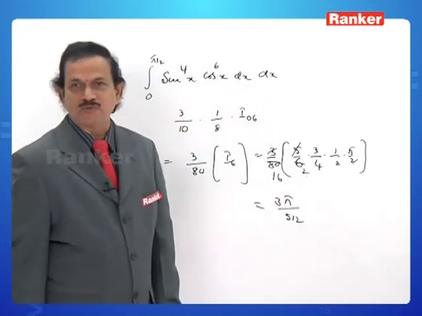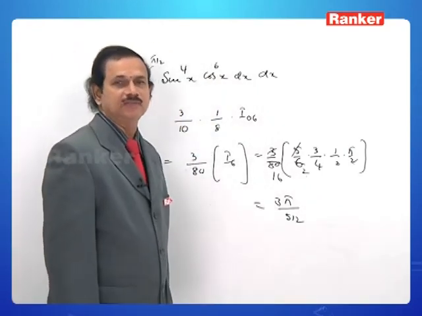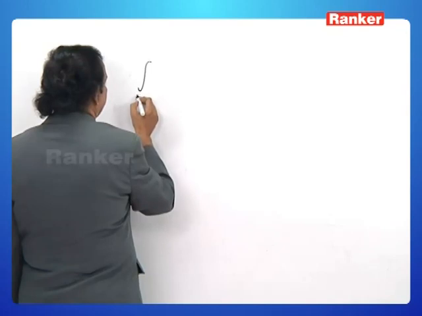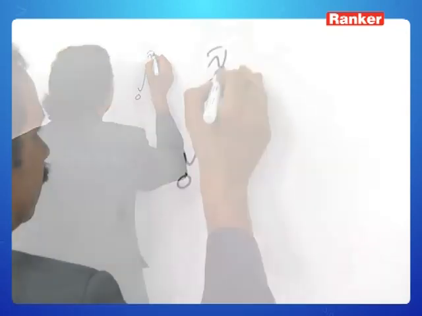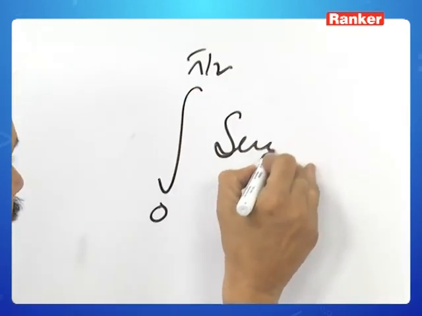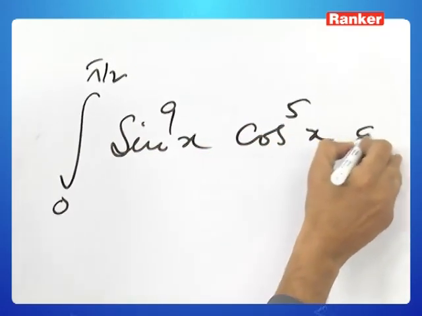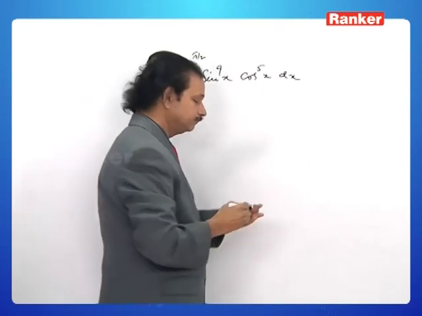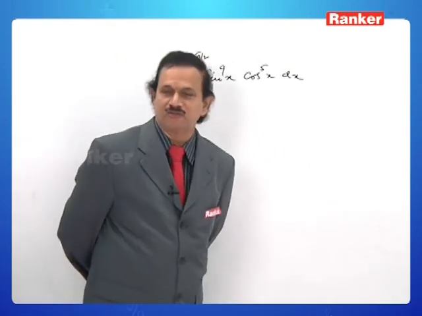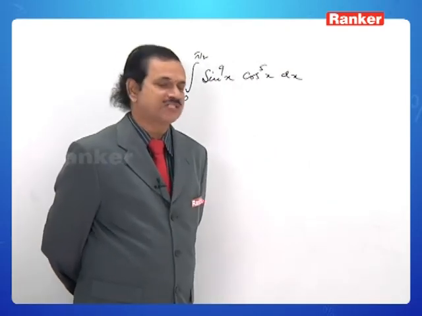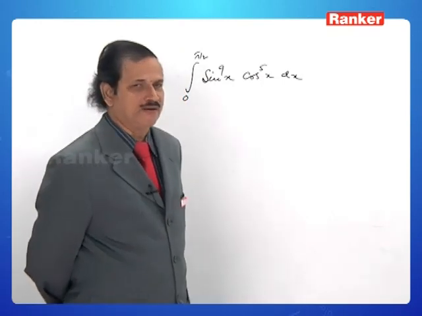I think you could have noticed and followed this next one. Integral 0 to pi by 2 sine power 9x into cos power 5x dx. What is the speciality of this problem? Here both m and n are odd.